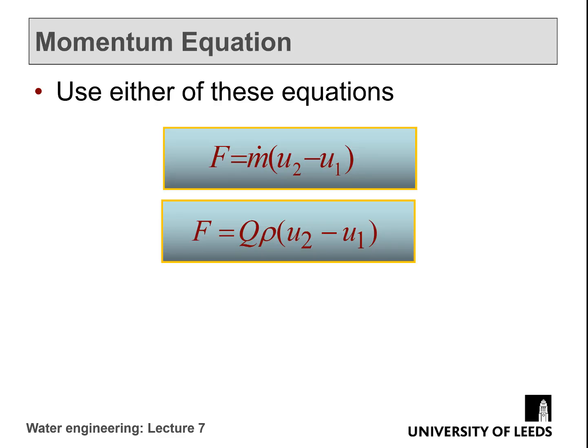You might see in some texts F equals m dot (U2 minus U1). M dot is rate of change of mass, dm/dt, and it's equivalent to rho Q. Rate of change of mass is often used when we've got compressible fluids.